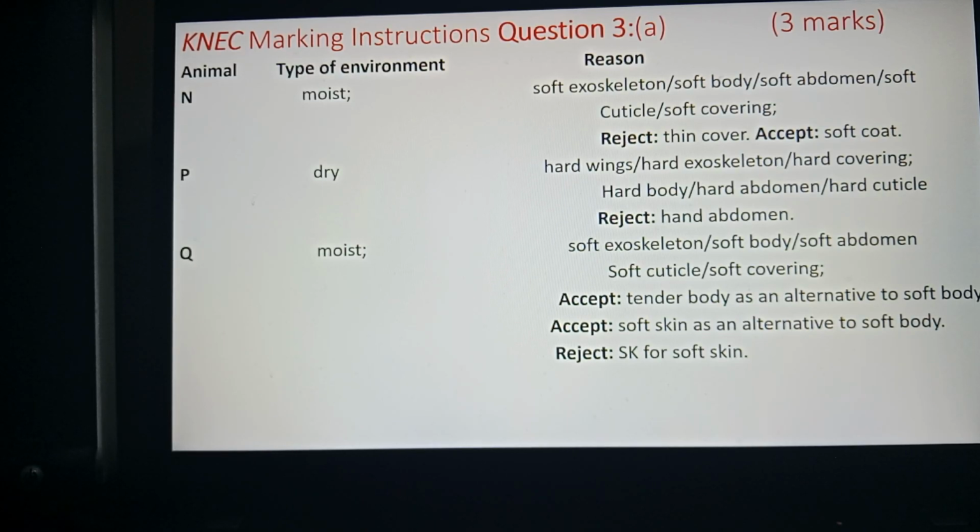For Q, environment is moist because it has a soft exoskeleton, or soft body, or soft abdomen, or soft cuticle, or soft covering. Accept tender body as an alternative to soft body. Accept soft skin as an alternative to soft body. Reject SK, the abbreviation for soft skin.